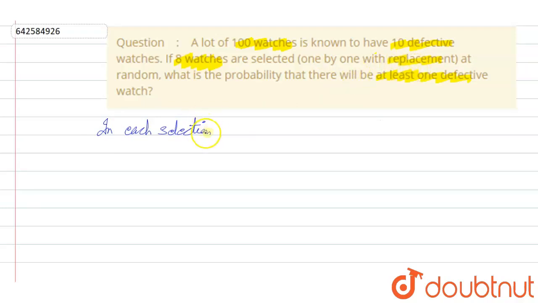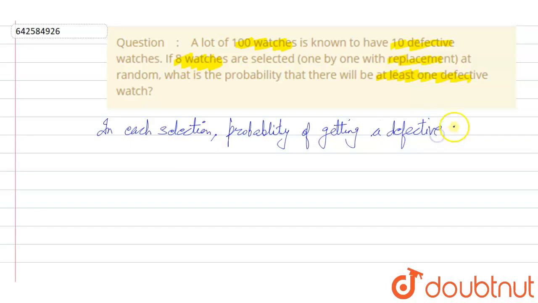So in each selection of watch, the probability of getting a defective watch, suppose denoted by a small p, is equal to 10 out of total 100. Because 10 are defective watches out of 100, the probability of getting one is 10 out of 100. So this becomes equal to 1 by 10.